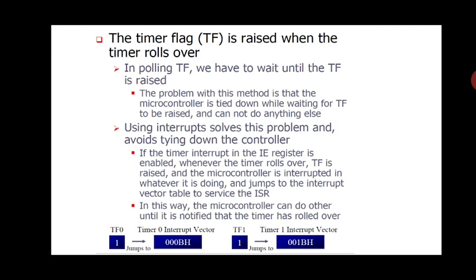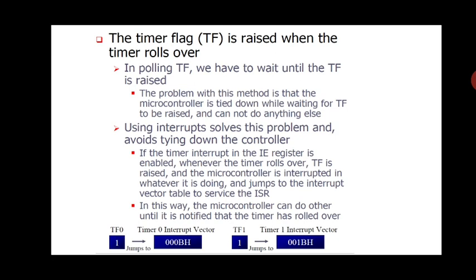As we know, the 8051 is connected with two timers, timer 0 and timer 1, and each has a flag bit, the TF bit. These flag bits are set to high when the timer register reaches its maximum value, during the rollover condition. This high signal is considered an interrupt and is sent to the microcontroller.